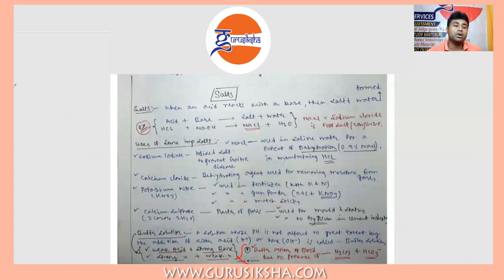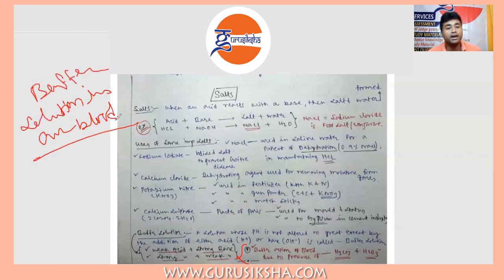If we have a buffer solution in our blood, then definitely the components H2CO3, that means carbonic acid, and HCO3 have to be present.